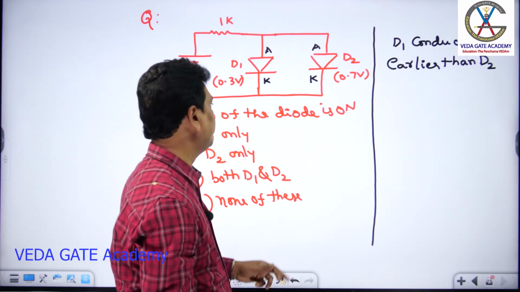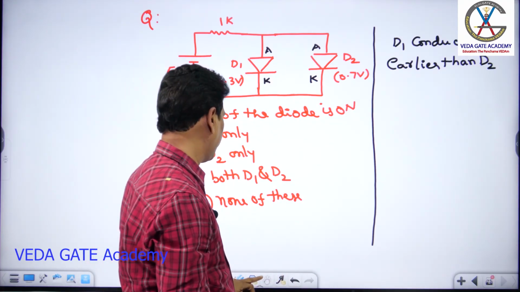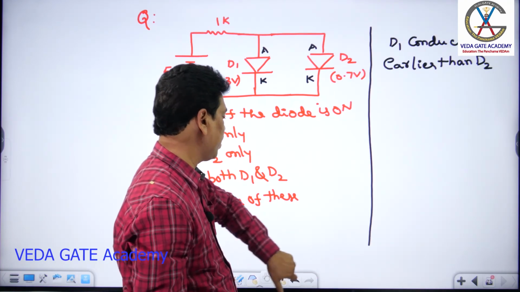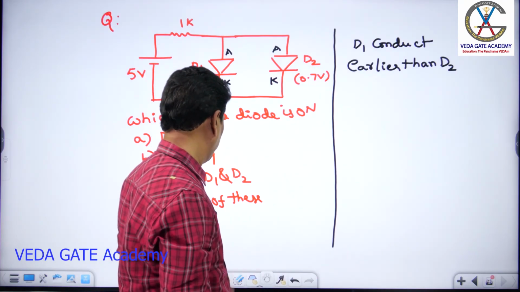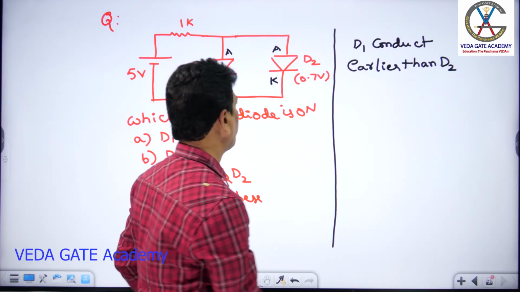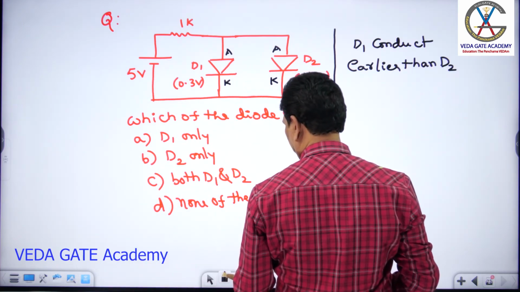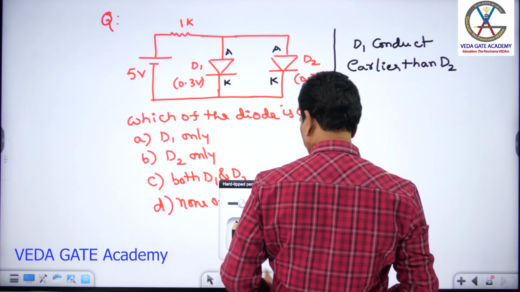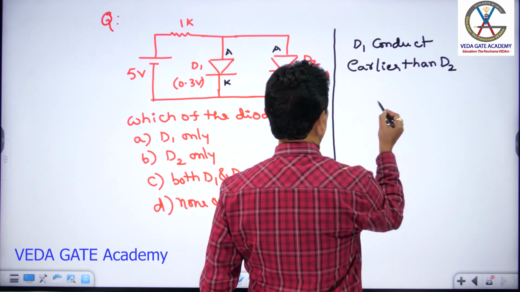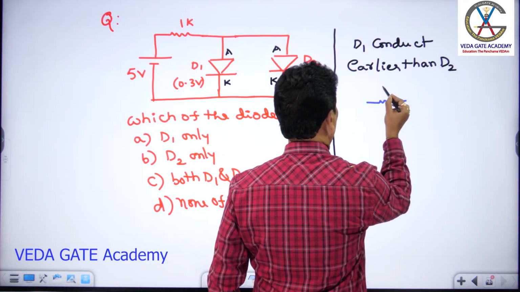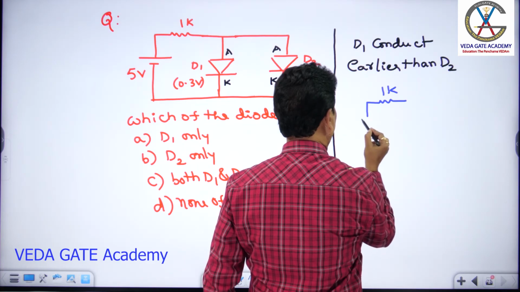Let us see what happens here. If I make D1 on, this is 1K and this is 5 volt.